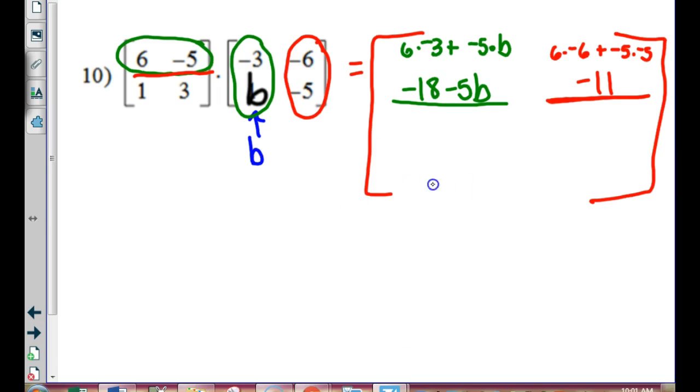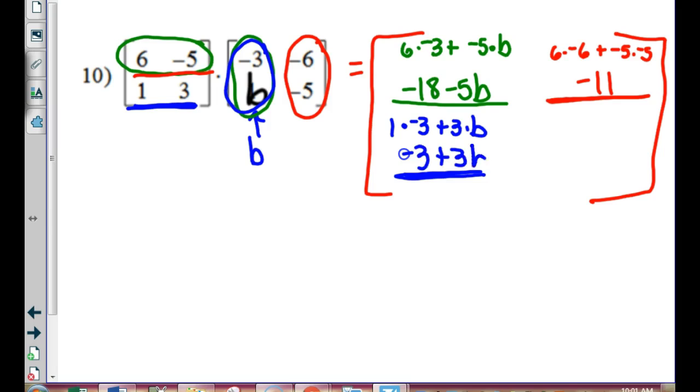All right, how do I get this guy down here? Row 2, column 1 again. So 1 times negative 3 plus 3 times B would be what?